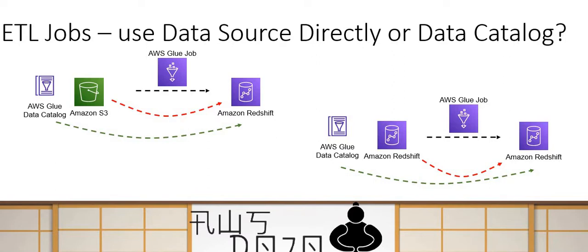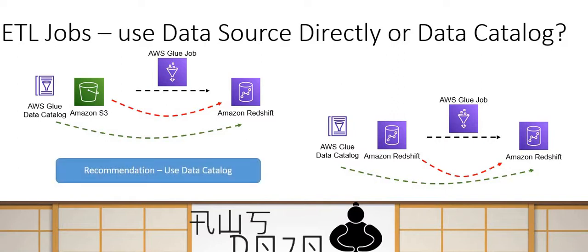Let me give you a very quick solution, and then I will describe why we went for that solution and how to use it. The recommendation is to use the data catalog. There's no suspense there, actually. Whenever you're writing an ETL job, in the first example from S3 to Redshift, you don't talk to the S3 bucket directly.